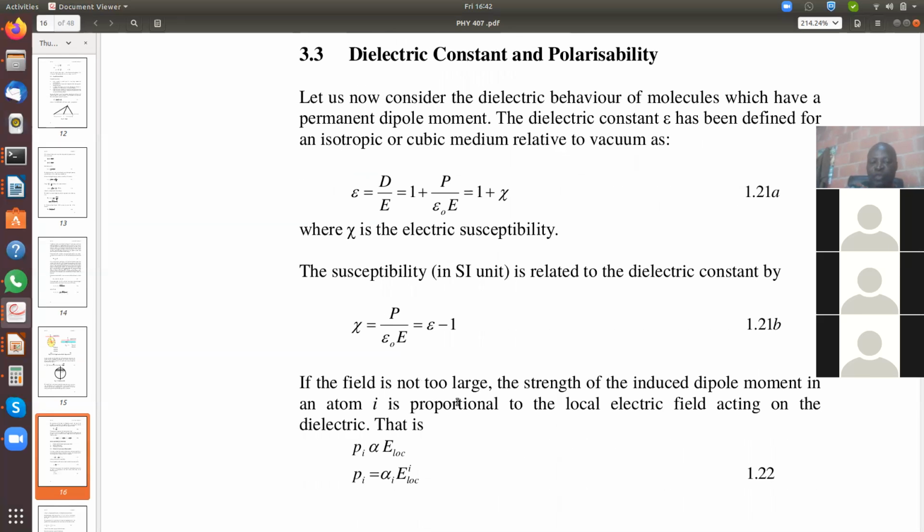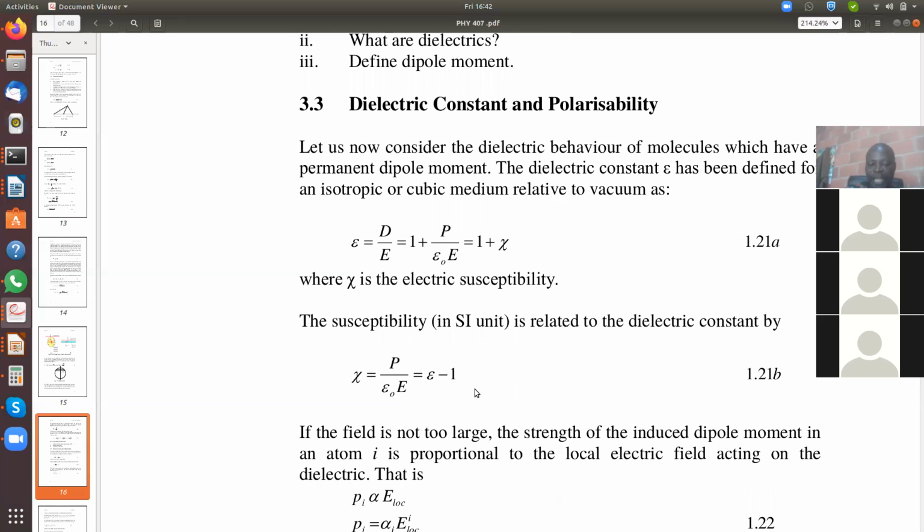If the field is not too large, please pay attention to this now, because this is the physical interpretation of this expression. If the field is not too large, the strength of the induced dipole moment in an atom i is proportional to the local electric field acting on the dielectric. That is, if you have a very low field, you have a direct relationship between the dipole moment and the local electric field.